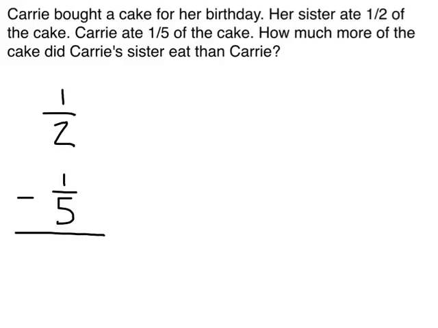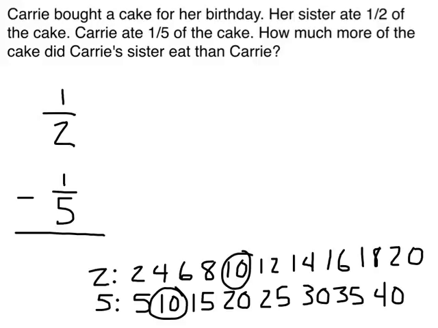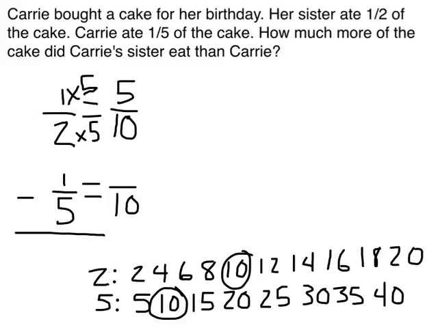What's the first thing I need to do to be able to subtract these fractions? I need to find the least common denominator. Find the least common denominator now. The least common denominator is 10. Now I need to change both fractions so that they have a denominator of 10. When I change 1/2 so that the denominator is 10, what's the new numerator? Well, 2 times 5 is 10. 1 times 5 is 5.